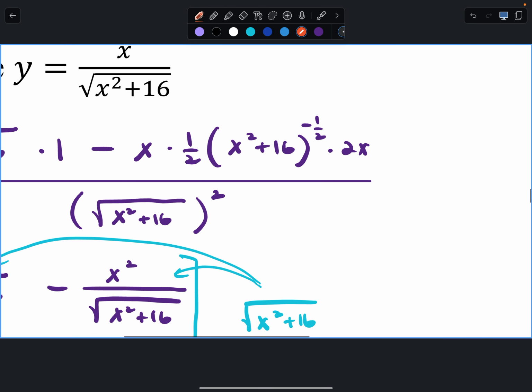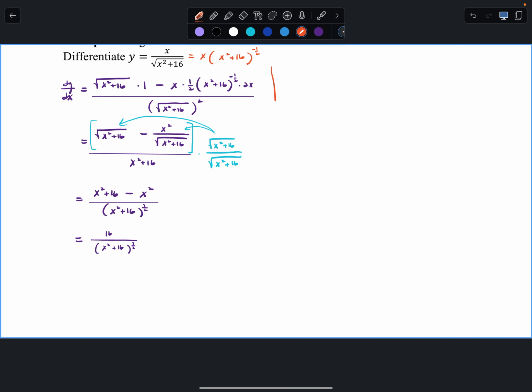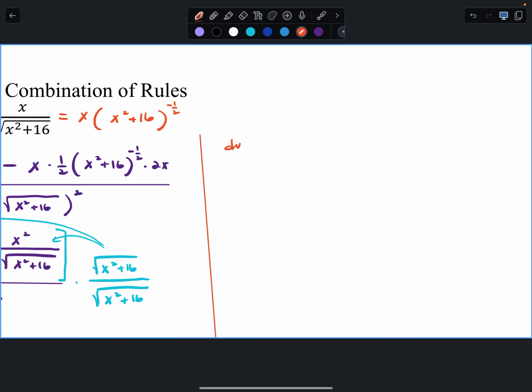Okay, so if you were using product rule, you would have x times x squared plus 16 to the negative 1/2 power. So if we were differentiating using product rule, we would have the first factor times the derivative of the second factor: negative 1/2, bring that down, negative 1/2 minus 1 would be negative 3/2.